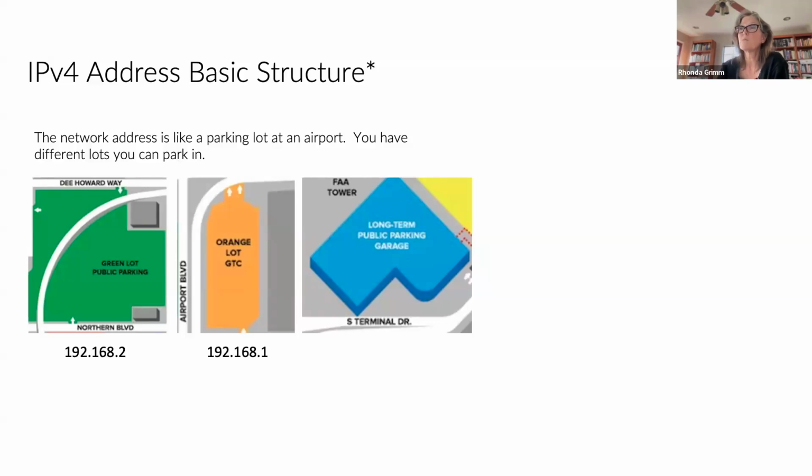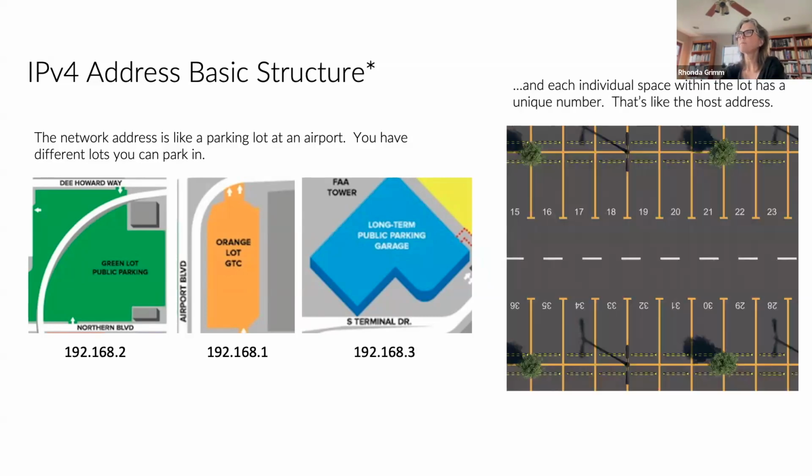The orange lot is 192.168.1, and long-term parking is 192.168.3. But each individual space within the lot has a unique number. So that's like the host address. If you say, I'm going to park in the orange lot in space 31, it's like saying you're at 192.168.1.31.